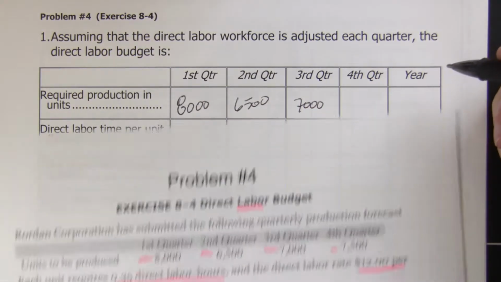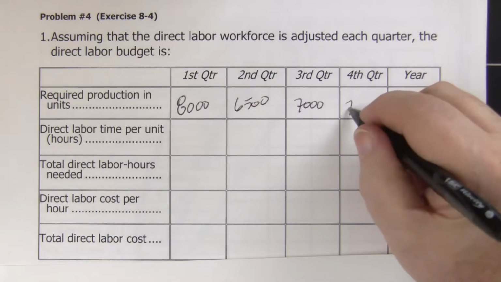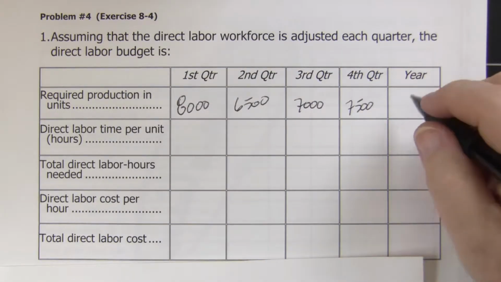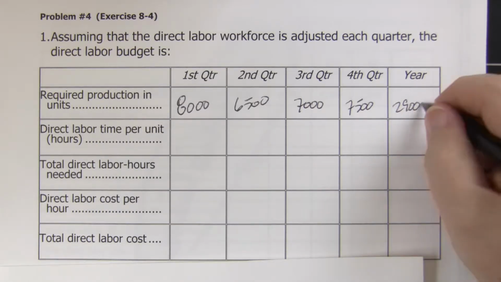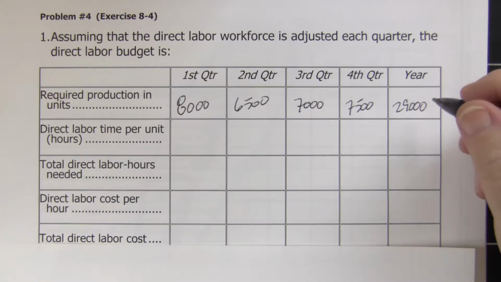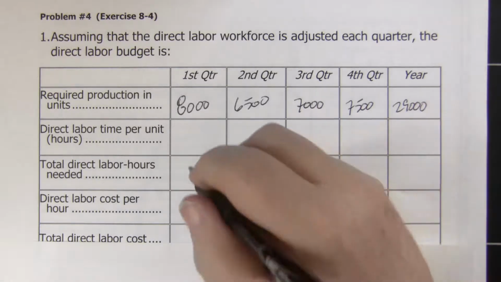And the fourth quarter, we're going to make 7,500 units. And if you add those across, for the year, we're going to make 29,000 units. Each of those units is going to take 35 hundredths of an hour.